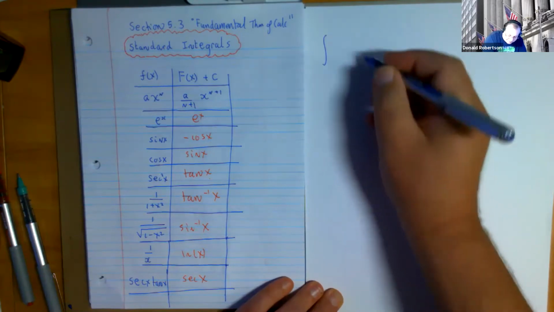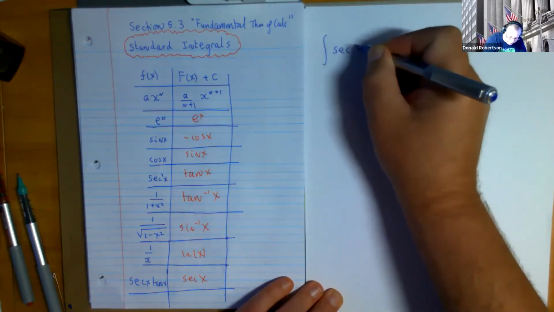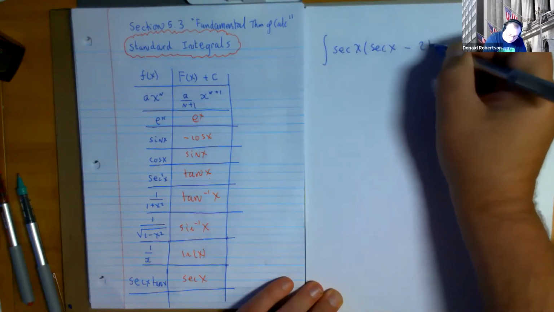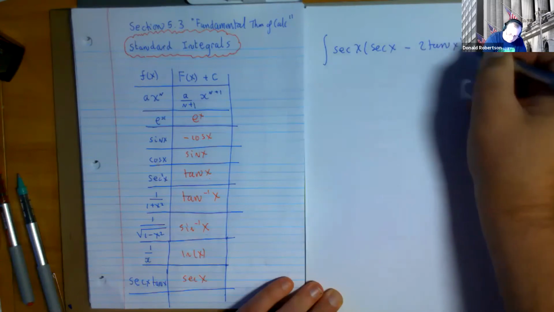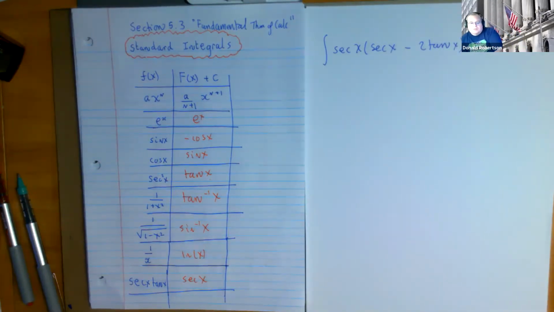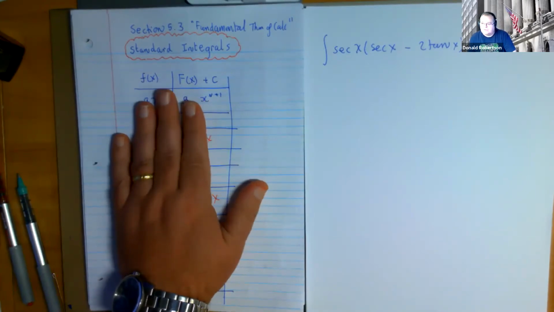Let's do a trig one. We know from previous questions like this that when you have something like this, you have to fix it so that you can use a standard integral.